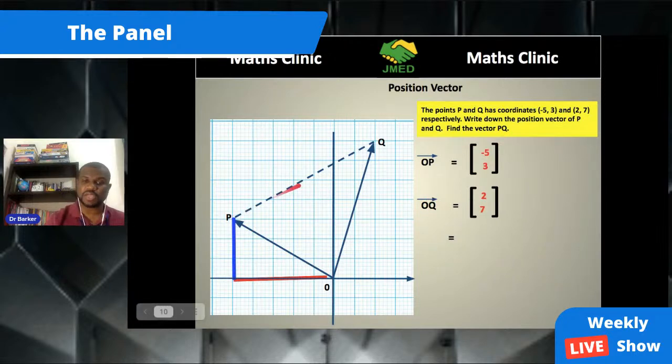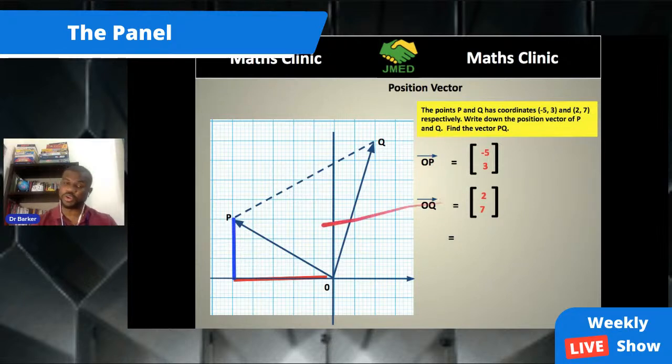So we could say, to get from P to Q, we can go from P to the origin, which is always on a graph, and then from O to Q. The reason why this is important for you to understand is that not every vector work you get will be on graphs. Some of them is just going to be with the information, and you're going to have to do the work. So we're going to learn how to do this work without the graph, but we're going to check using our graph to see that what we did was okay.